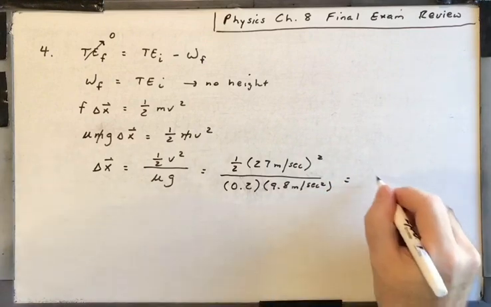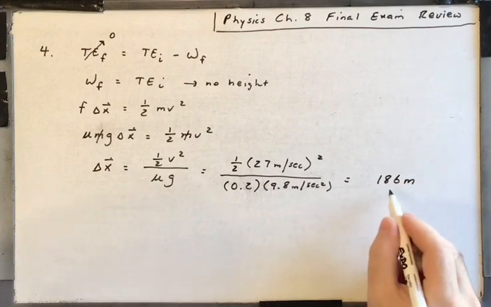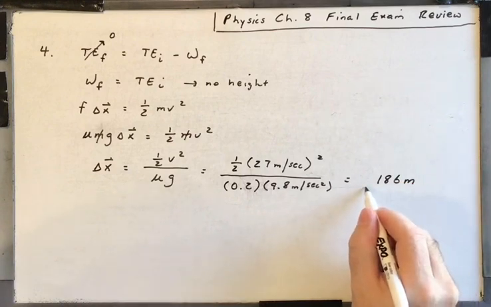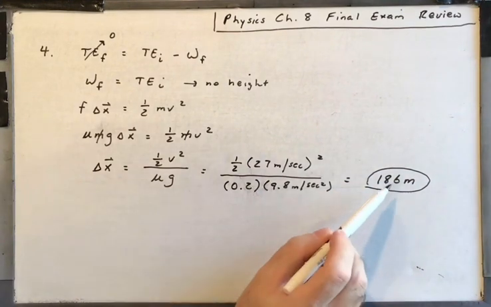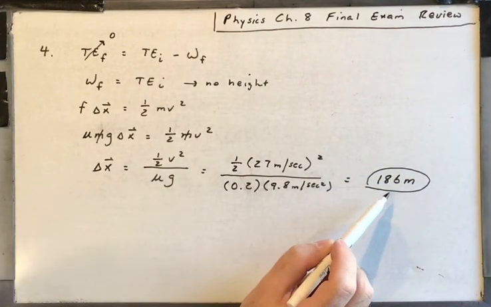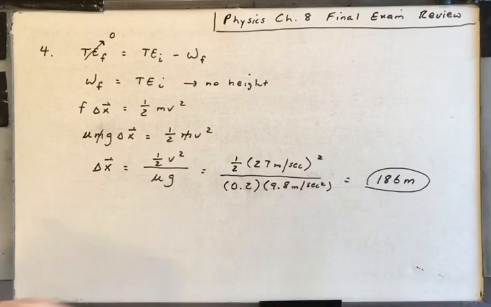All right, and that is 186 meters. So that is way further than the gym is. So I hope someone opened the door so that they could get out the door and not hit the wall with some impressive speed. Probably make it all the way out to the dumpster if kicked properly.